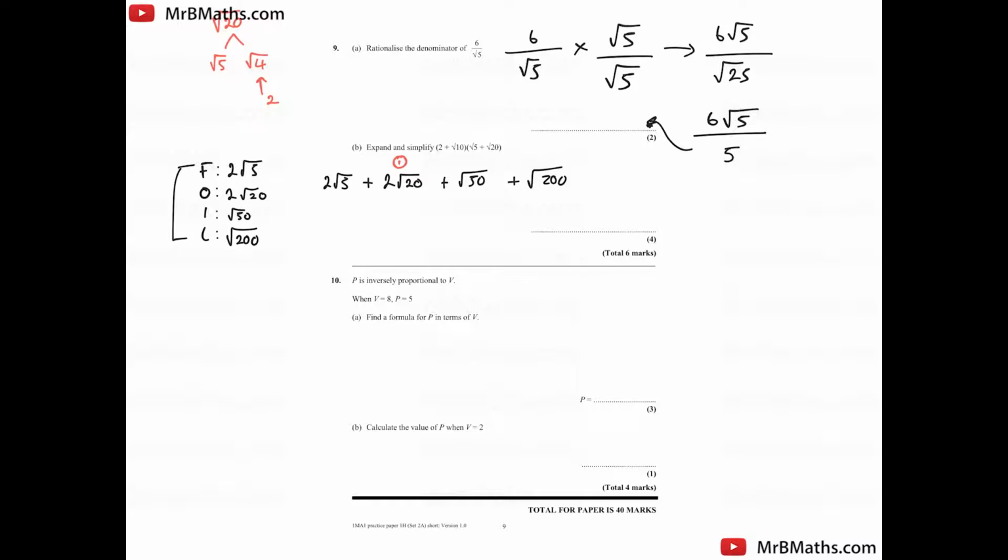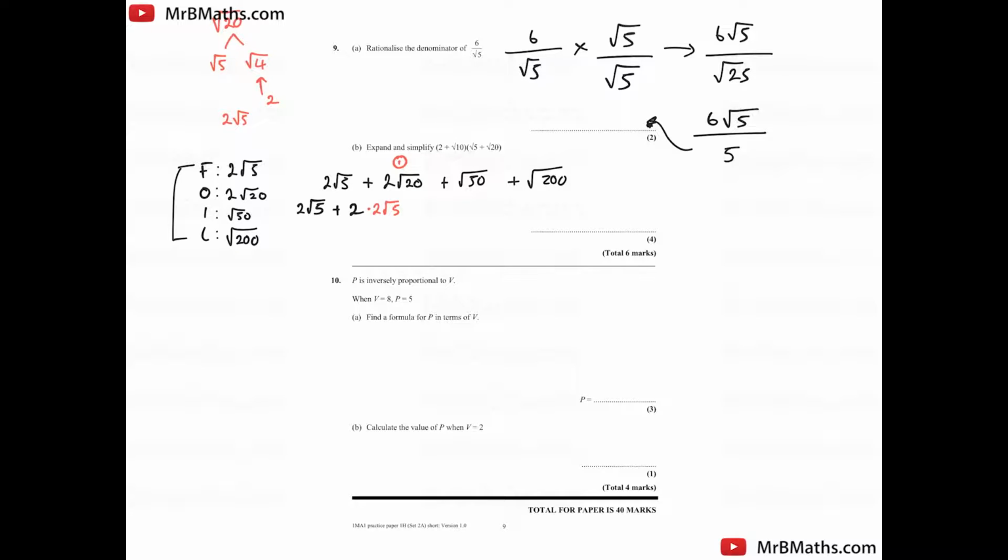So that would simplify down to, let me just write this here, 2 root 5. Plus, I've still got the 2 here, and I dragged up the root 20, so in red I'm going to write the answer to this, so this would be 2 times 2 root 5.